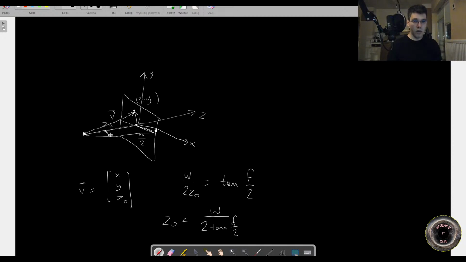And this way, what we get is actually a rectilinear perspective. So if there is some straight line here, if we disregard refraction and we propagate rays along straight lines, then this will actually map to a straight line here in the image. So that's what it means for perspective to be rectilinear.